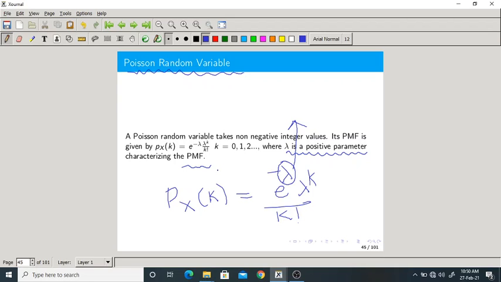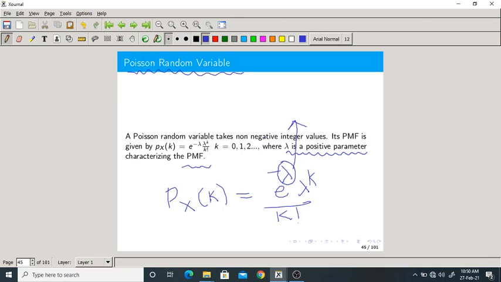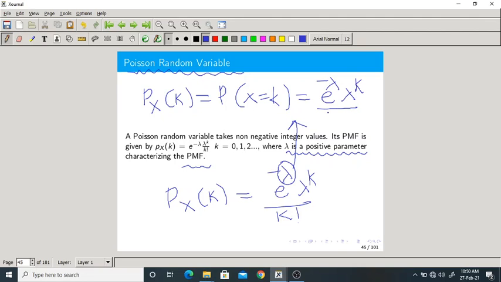Okay, now here everyone should remember this PMF directly. So what is the PMF? Px of k equal to probability that x equal to small k. Now here it happens to be e power minus lambda into lambda power k by k factorial.